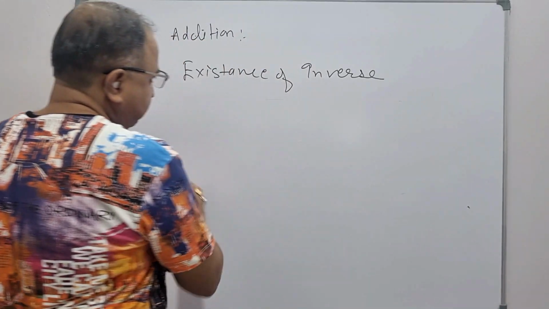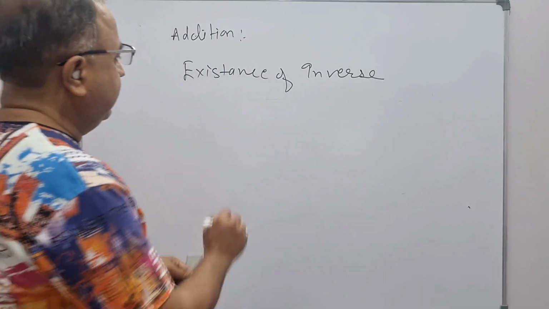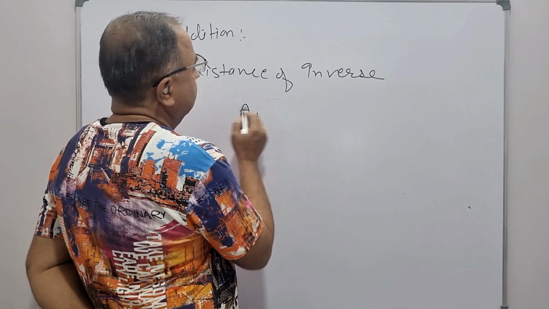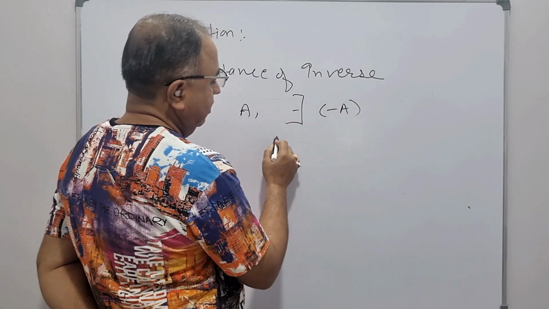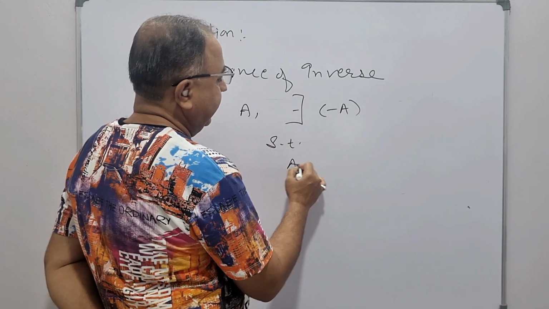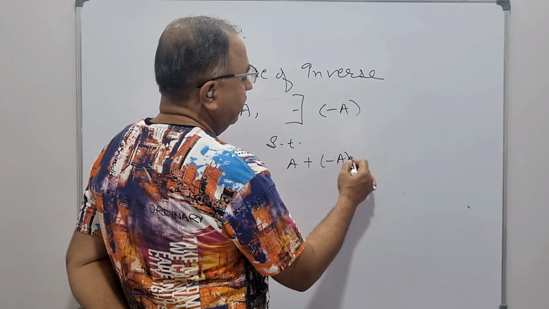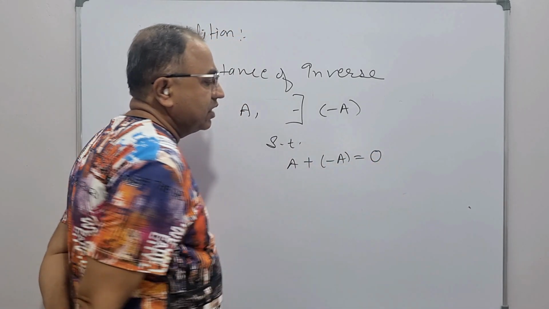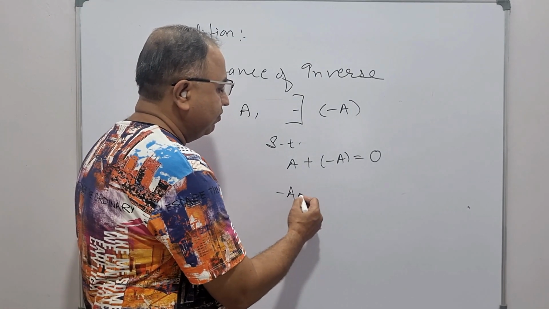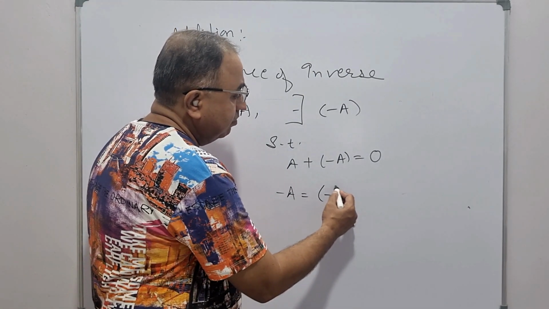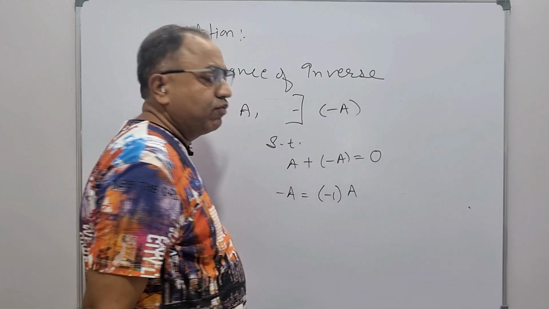Likewise here also, for any matrix A, there exists a matrix negative of A, such that if you add A and negative of A, irrespective of order, the result is a null matrix. What is the negative of a matrix? We discussed in the previous class, multiplying a matrix by minus 1.